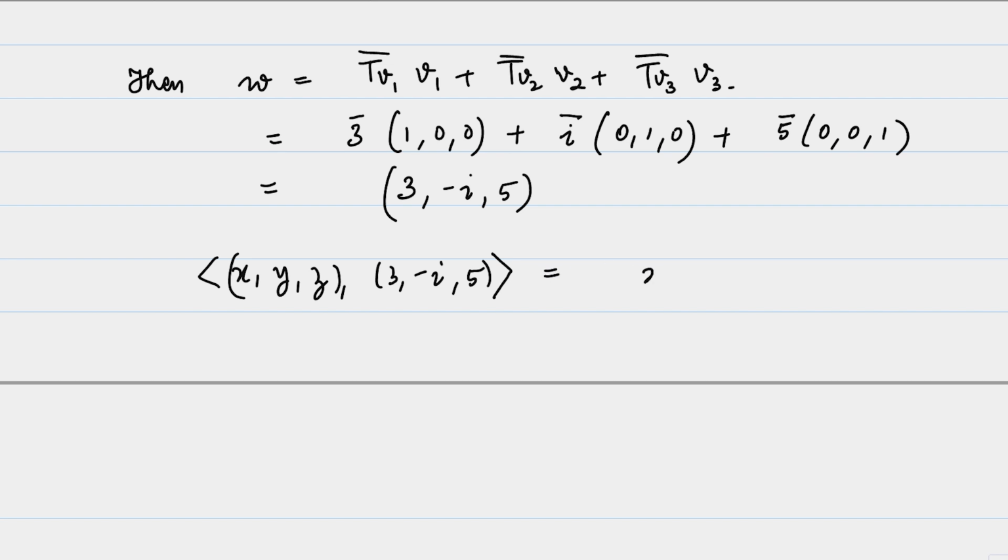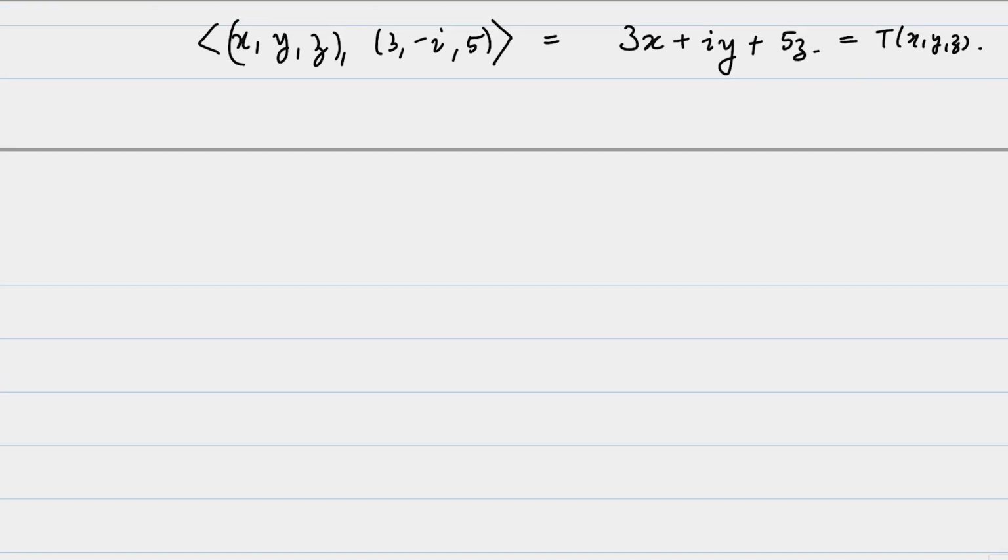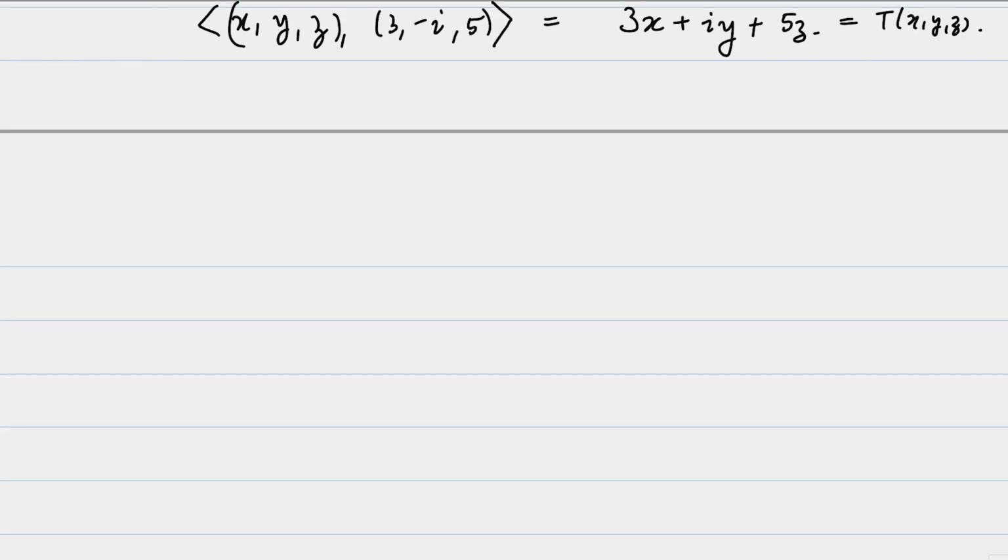So this is going to be x times 3 bar, which is 3, plus y times minus i bar. i bar is minus i, so minus of i bar is going to be i, so this is just going to be i times y, plus 5 bar is just 5, 5z, and this is precisely equal to our T of (x, y, z). So yes, we have managed to get hold of the exact vector from the Riesz representation theorem. Let's look at one more example.